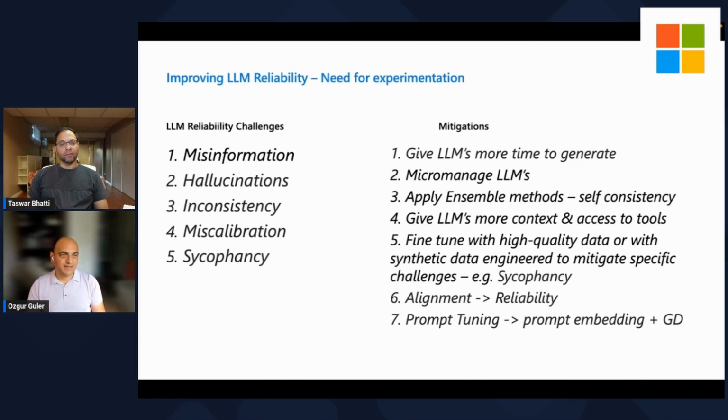Reliability brings in 5 other dimensions within it, which are, first of all, misinformation. That is, the training data for the LLMs already have factually incorrect information in them, and models tend to amplify these inaccuracies.